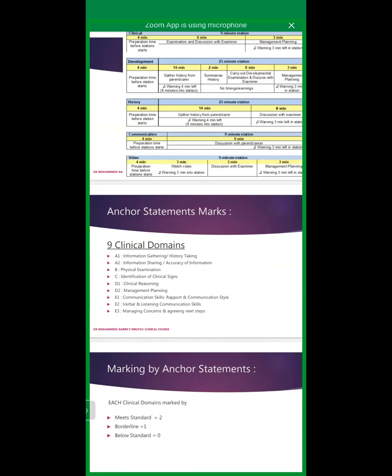So not all stations except for development actually, that will have all the full marks. 6 clinical domains will be there, and 6 into 2 is 12. So maximum you can get is in the development. After that, the maximum scoring station is the history, which is 10 marks. Okay, so it will be based on these domains.